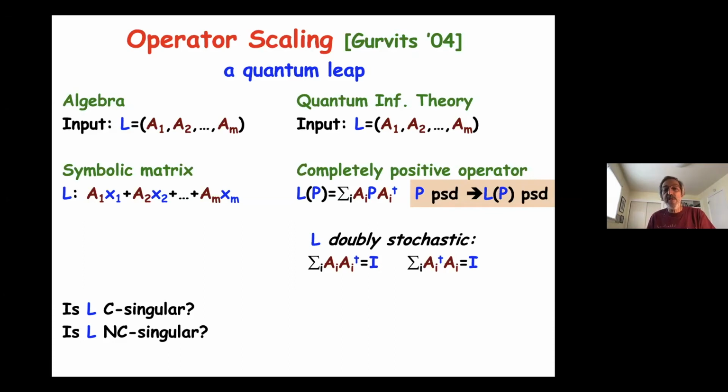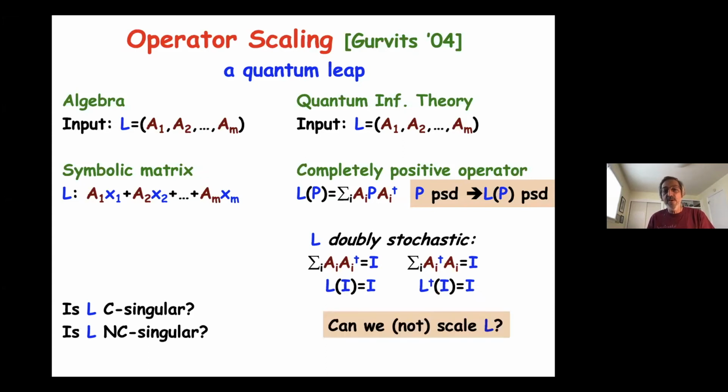What Gurvits had the insight for is that this question of whether you can or cannot scale it is connected to the singularity problem. This is the operator scaling problem: can you scale it? What he showed is that if you cannot scale it, it means that it's commutatively singular.